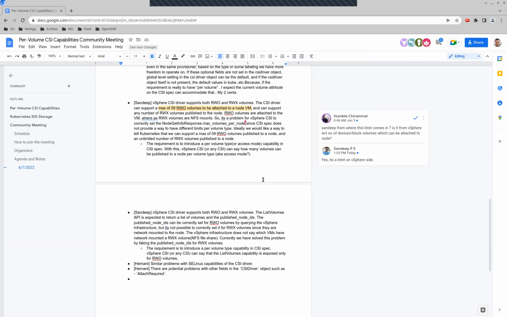If we said, okay, we're going to have two different drivers, one for NFS, one for iSCSI, it forces you to have two storage classes, and only one of those can be your default storage class. And so by default, all of your volumes are going to be only one of those drivers, and the other one would only be accessible by opt-in. And that would be a regression from current functionality.